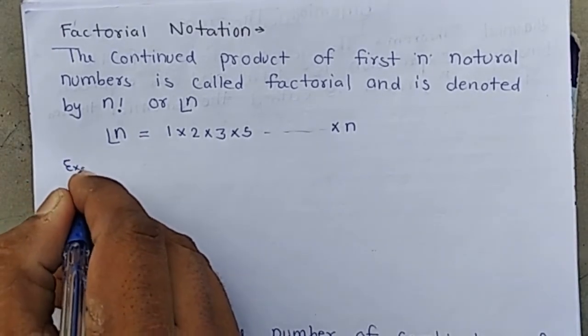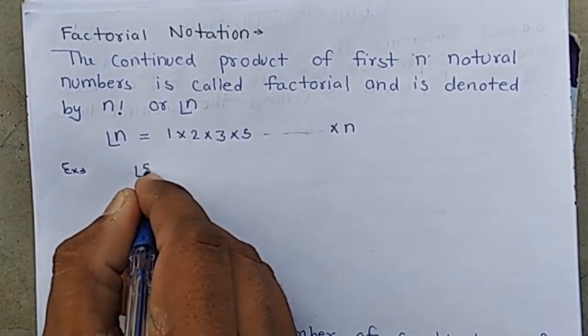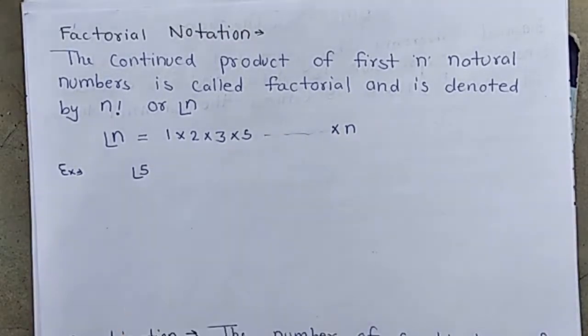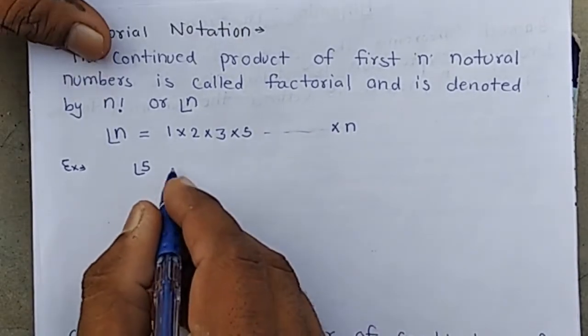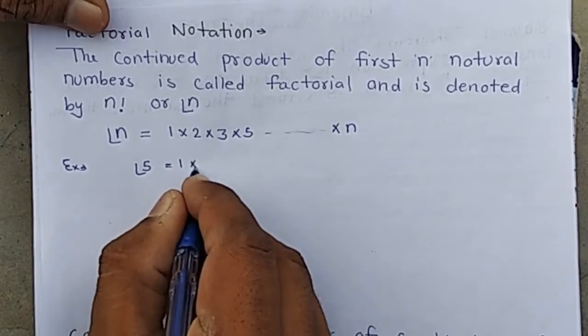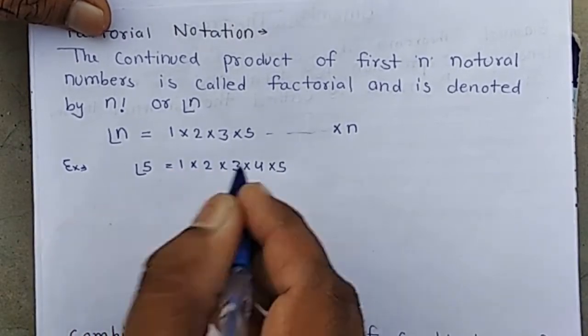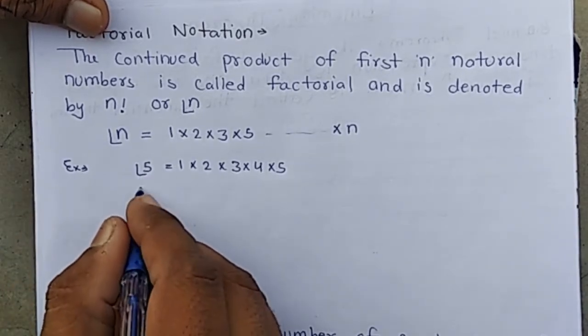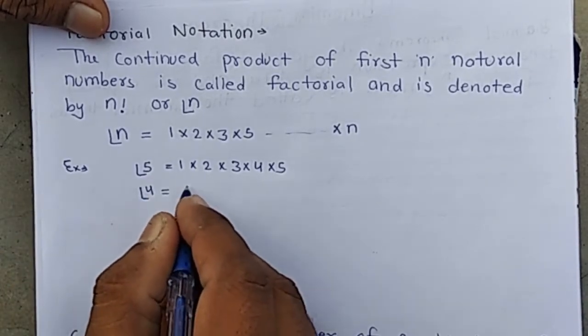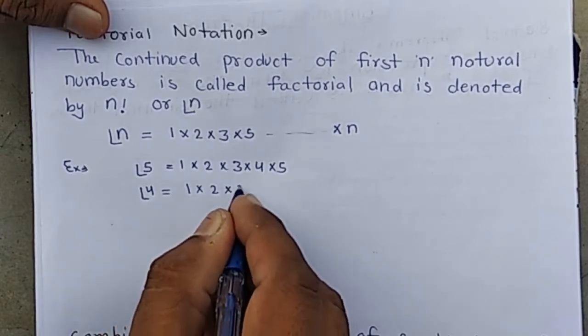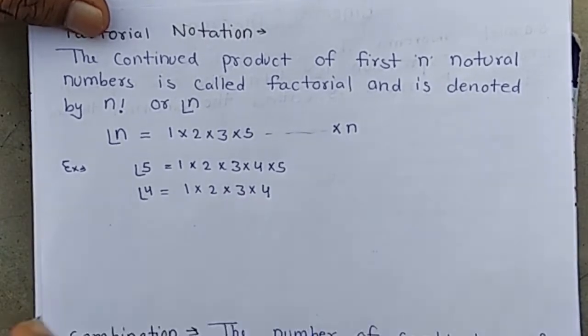If we have to find the value of factorial 5, then factorial 5 equals 1 into 2 into 3 into 4 into 5. Factorial 4 is equal to 1 into 2 into 3 into 4.